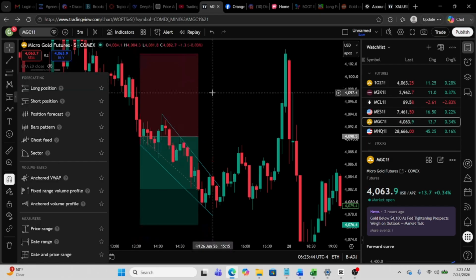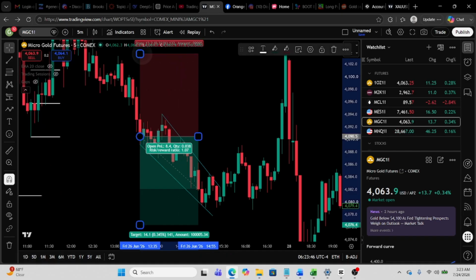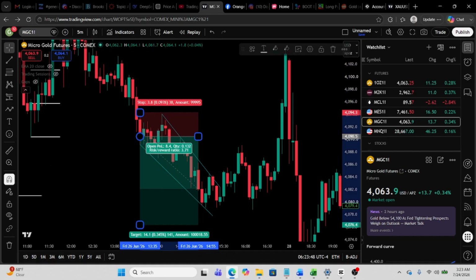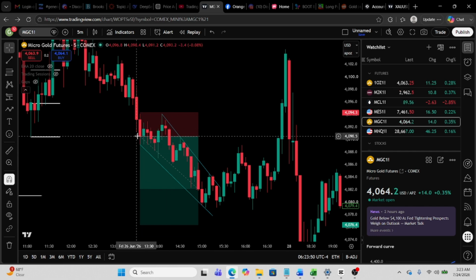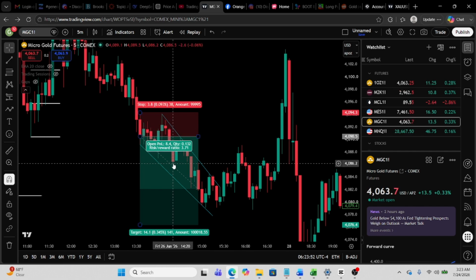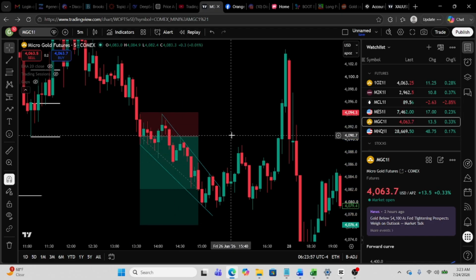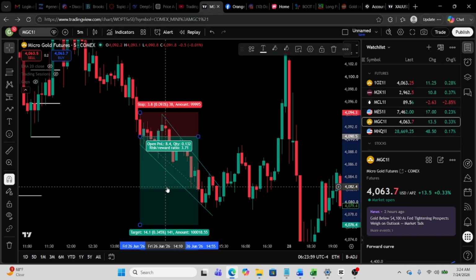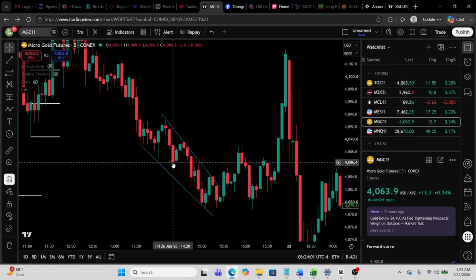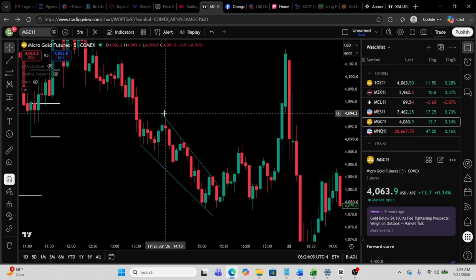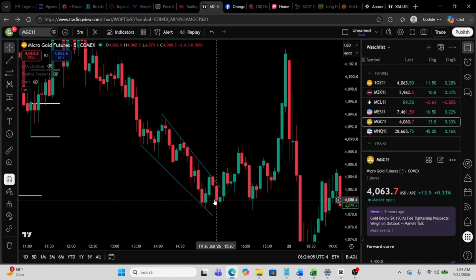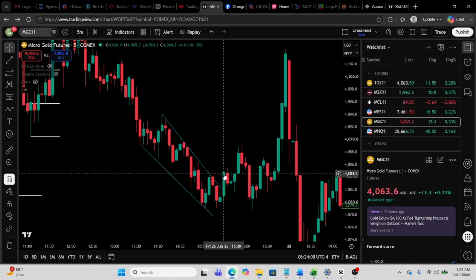Now, you could have trailed your stop once you got a break. Say you entered there and you got a bull breakout right here, or sorry, bear breakout right here. This one. Get rid of this now. You get another swing low. I would have trailed my stop right up to there and followed this channel line until you get a breakout.